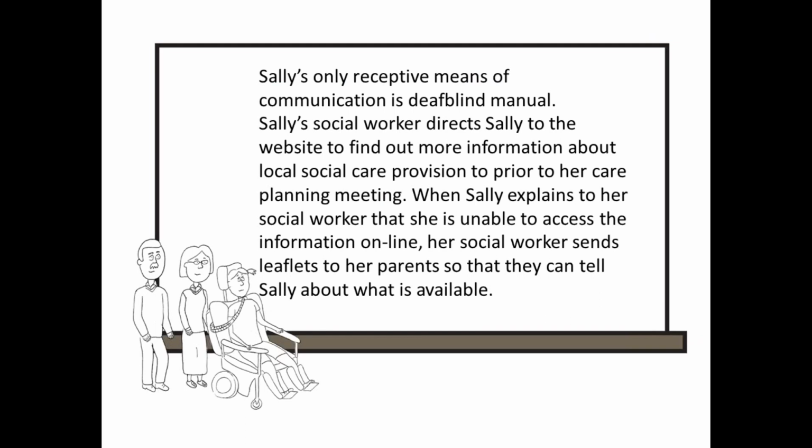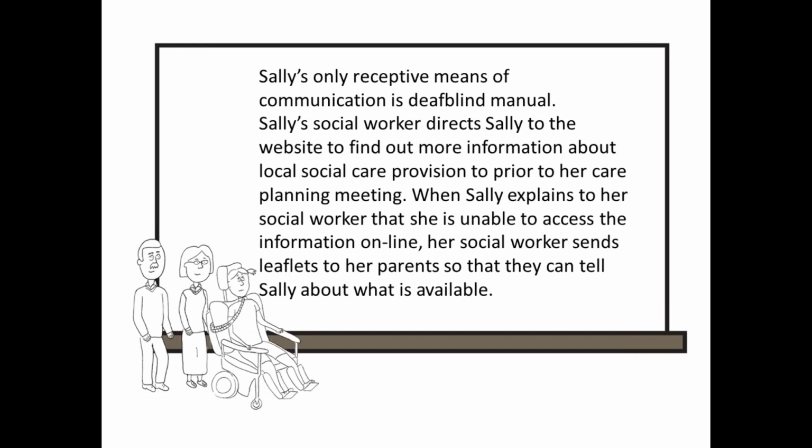So just taking a look at this example, Sally's only receptive means of communication is deafblind manual. Sally's social worker directs Sally to the website to find out more information about social care provision prior to her care planning meeting, and that's standard practice for the social worker.